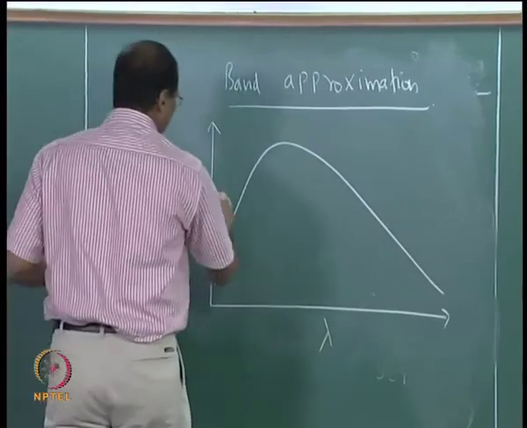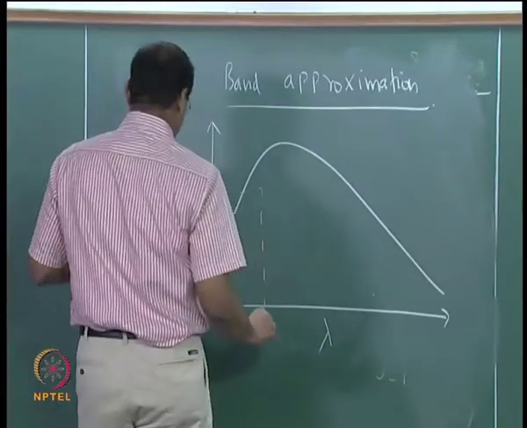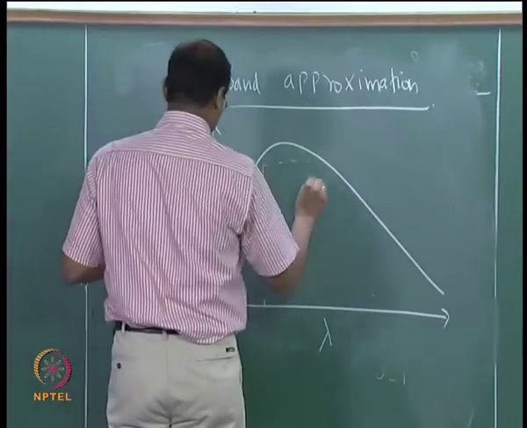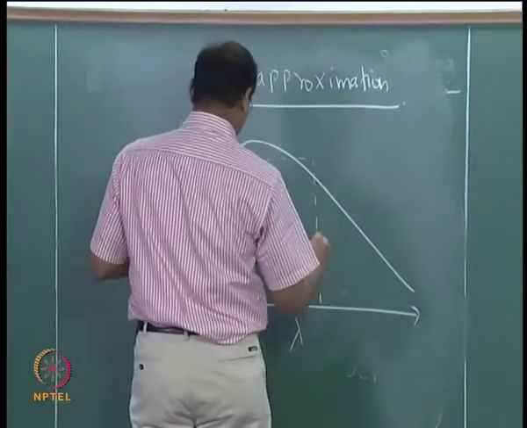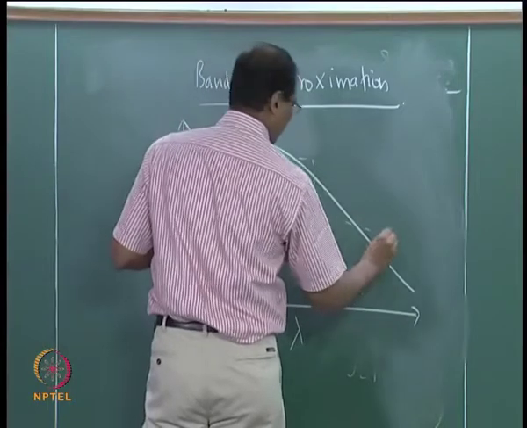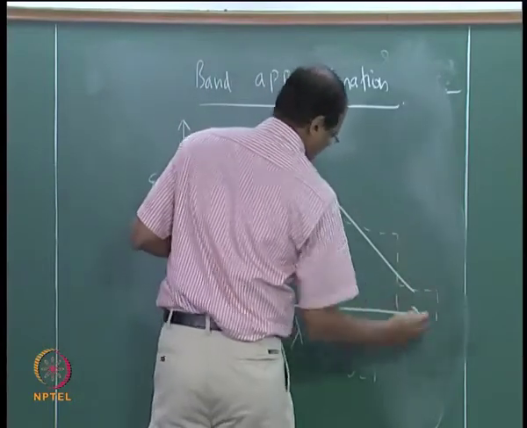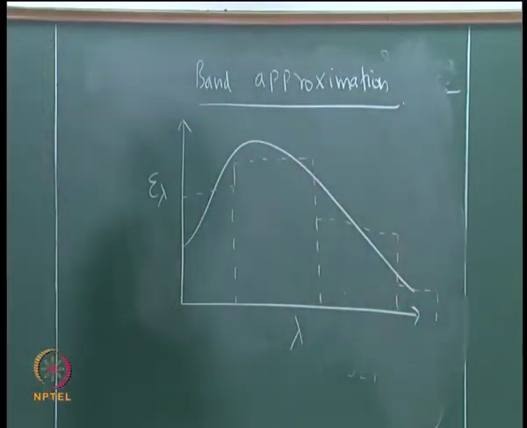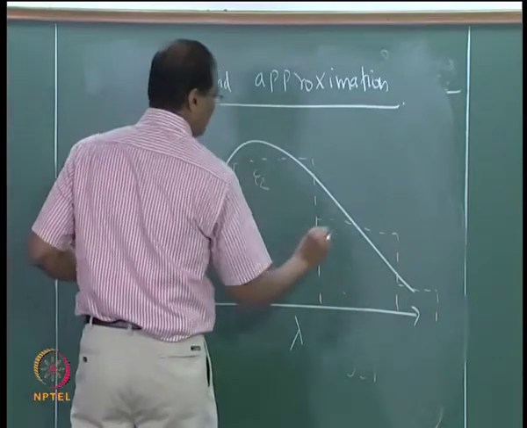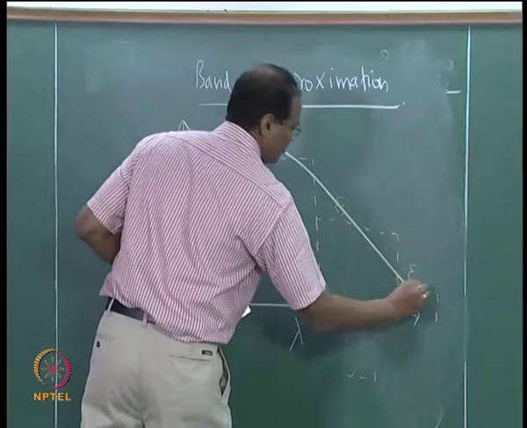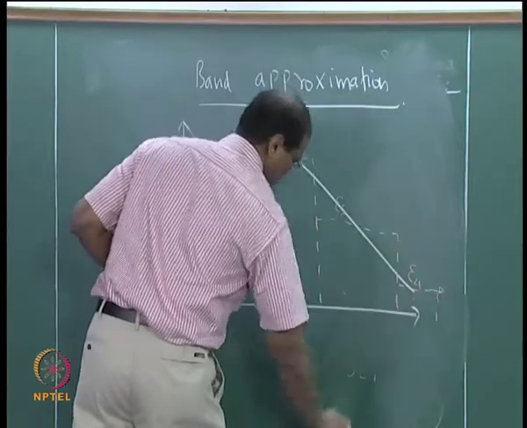I don't know whether it will work, but it's okay, I will do something like this. So then I will say this is epsilon 1, epsilon 2, epsilon 3, epsilon 4, and let us say it goes up to infinity.